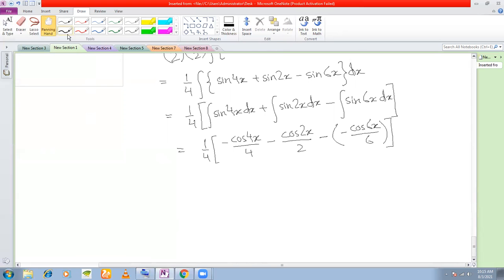Okay, so this is 1/4 of, you can rewrite this as, cos 6x by 6 minus cos 4x by 4 minus cos 2x by 2, and of course add a constant of integration.